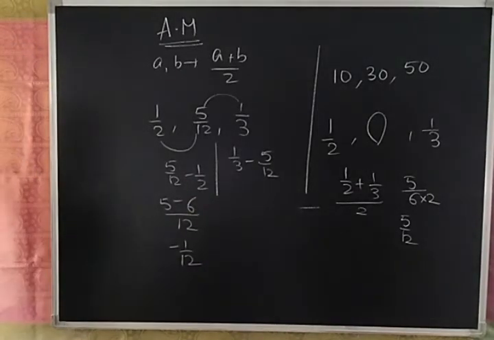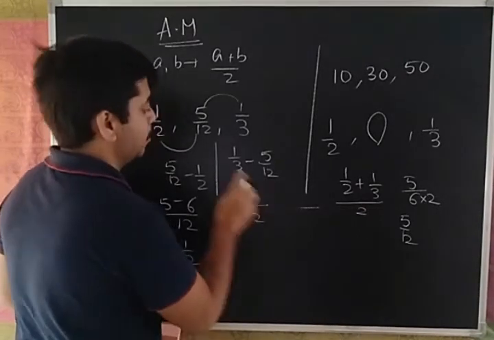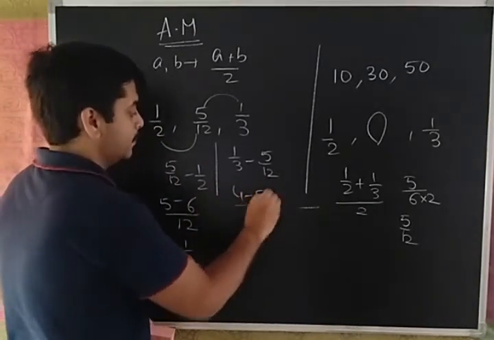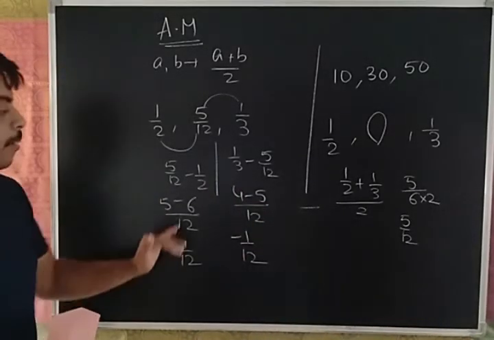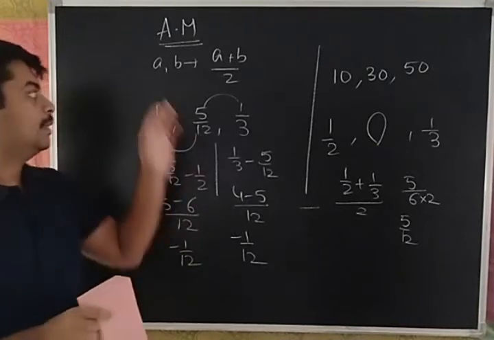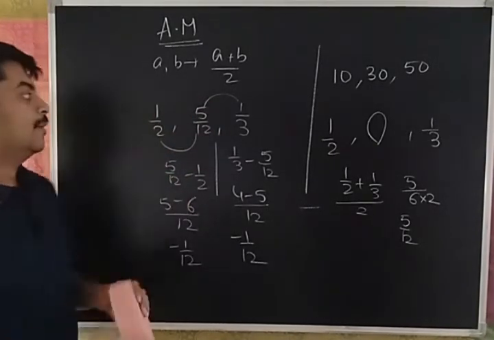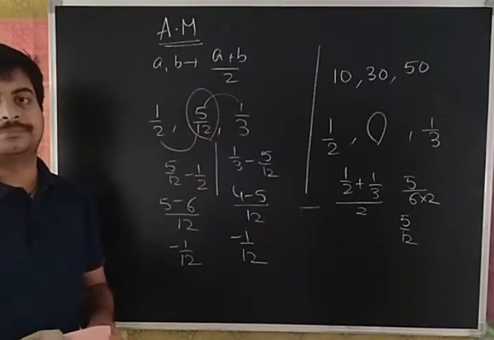Am I correct? 5 by 12 minus 1 by 2 is minus 1 by 12. And here also LCM is 12, 4 minus 5, it is again minus 1 by 12. Yes, so you can say that the common difference is equal. That means all these three will form an AP. 5 by 12 is the arithmetic mean of 1 by 2 and 1 by 3.